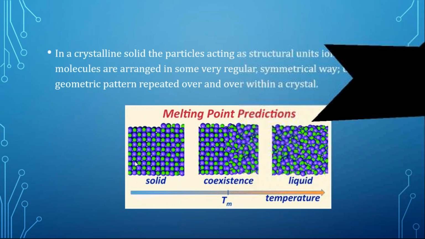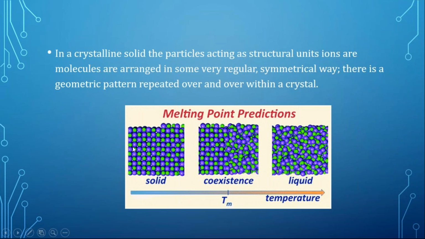So this you can see, solid, how the structure is arranged. Very regular, symmetrical way. There is a geometric pattern repeated over and over within a crystal. So this is in solid. So when you supply heat, that is temperature, when the temperature is raised, what happens?